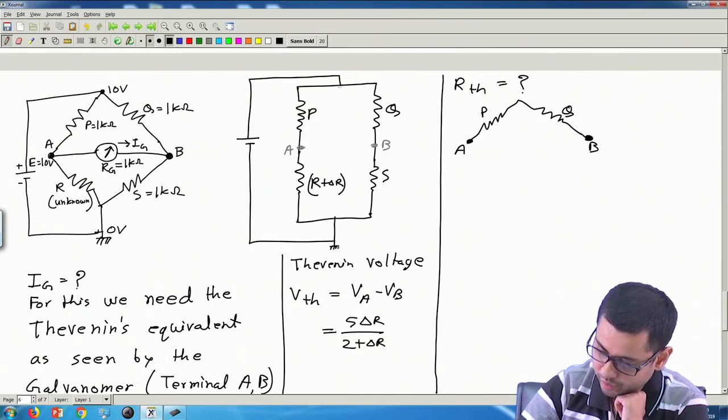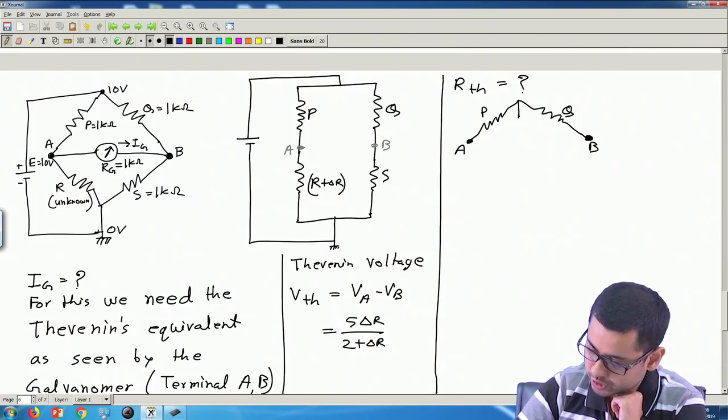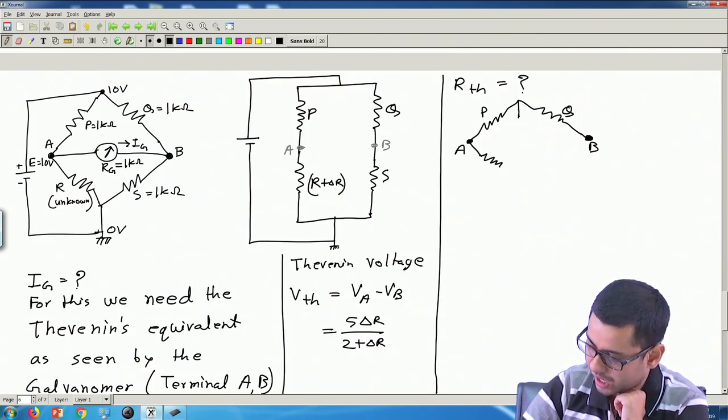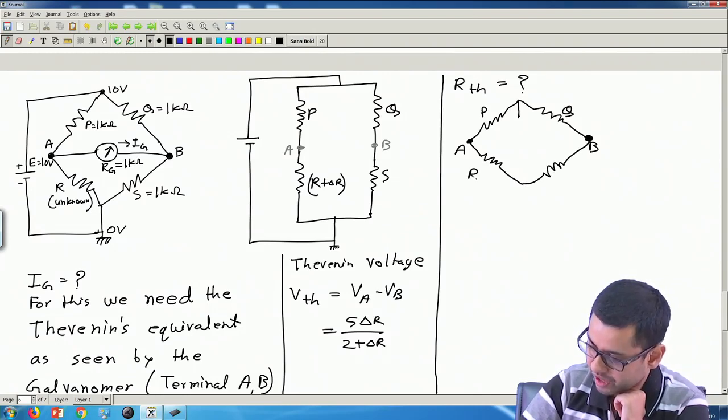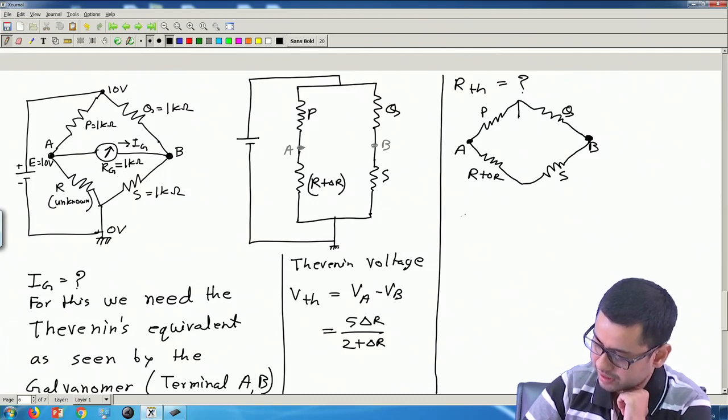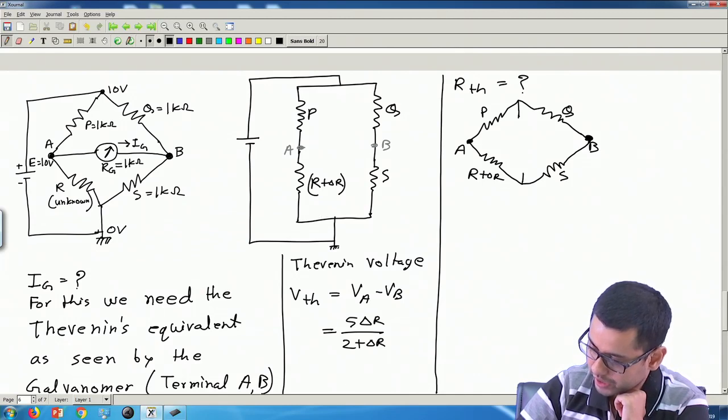Okay. And from the middle point between P and Q we have this source, and there is another branch which is this R and S, starting from A and going up to B. So, let us draw it like this: R and then S, it goes to B. So, here we have R, or actually R plus delta R, and S here, and the middle point between R and S, from here we have this source.